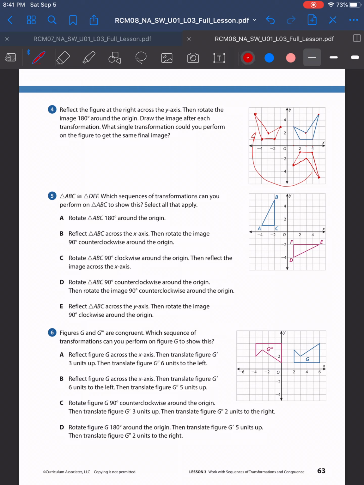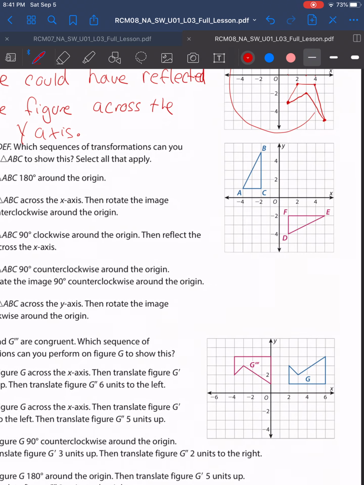After you draw this, what single transformation could we have performed to get that same image? We could have reflected the figure across the y-axis.